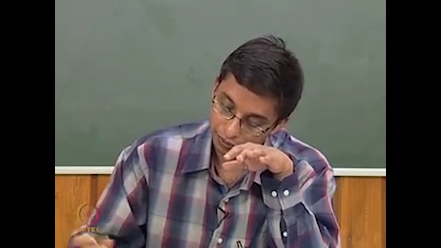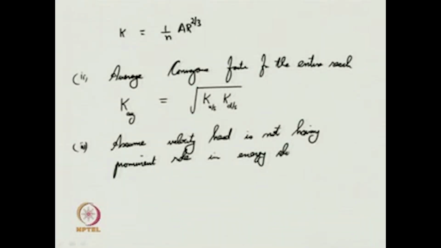So, this is just an initial approximation. We are assuming that velocity head is not having a prominent role in the computation of energy slope. That is better terminology. This is the initial assumption.